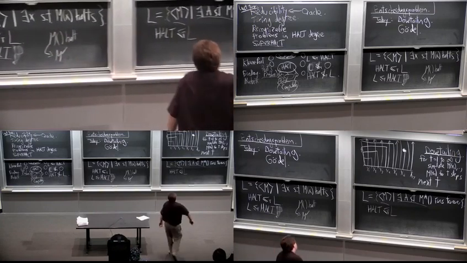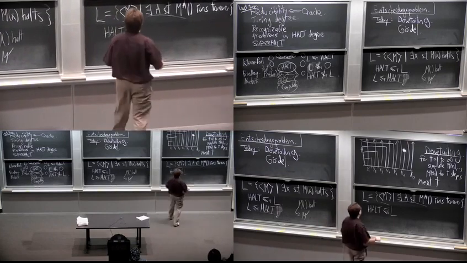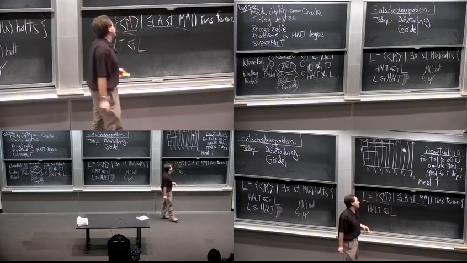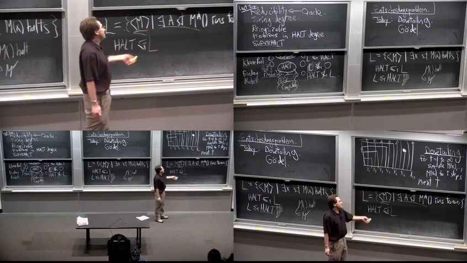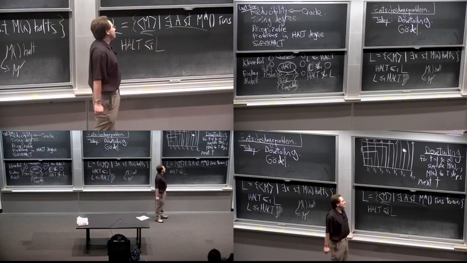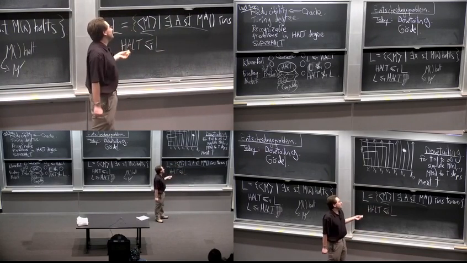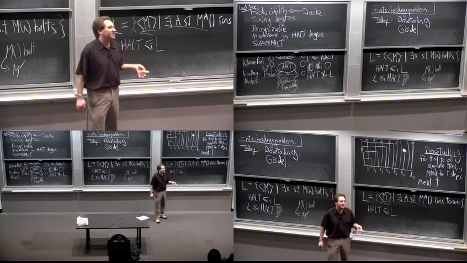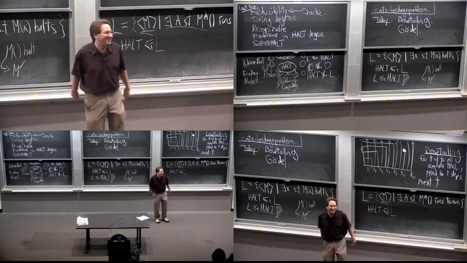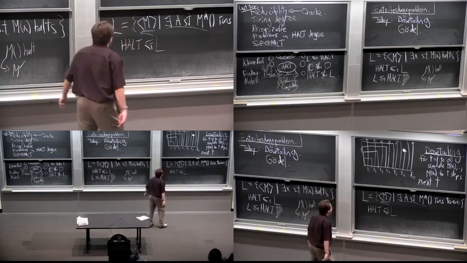So you have some M that never queries an oracle, and if it never even uses the oracle, then it's going to be in L if it runs forever. So that's already the halting problem. Okay, so that's easy.